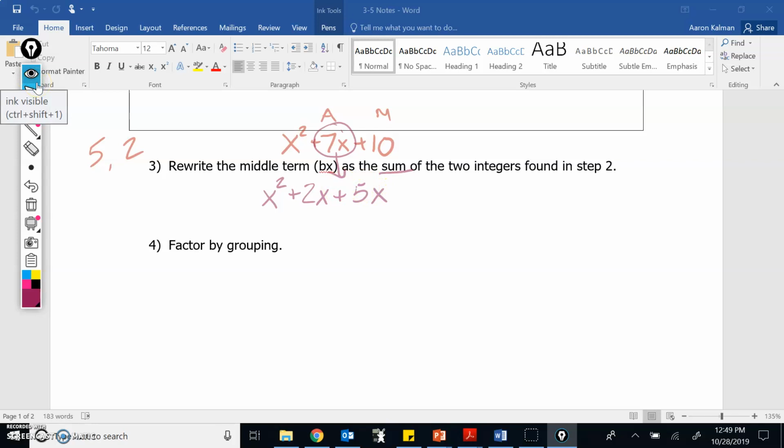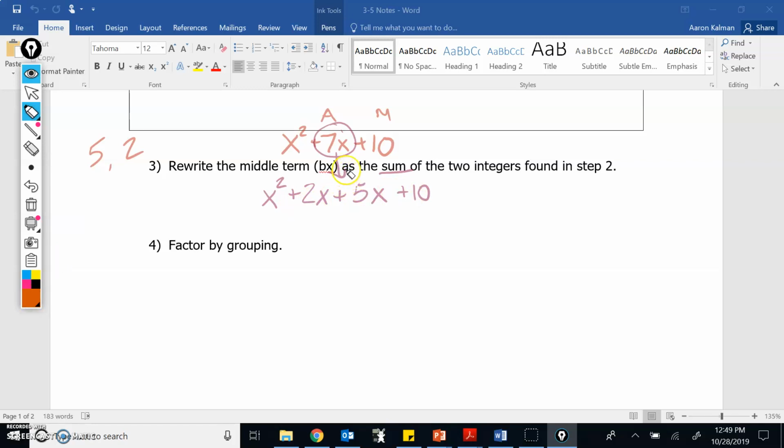Again, we're doing that because those are the two numbers that we found that added to get 7, but multiplied to get 10. And by rewriting 7x as 2x plus 5x, we can now solve this by grouping because it is a polynomial with 4 terms, and you guys have done this plenty of times.